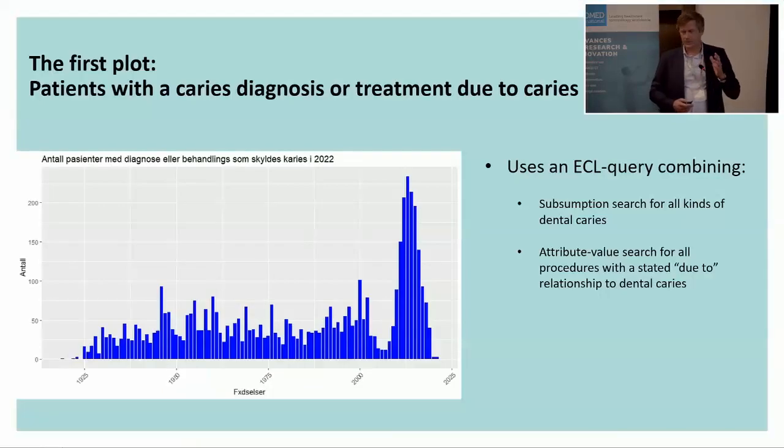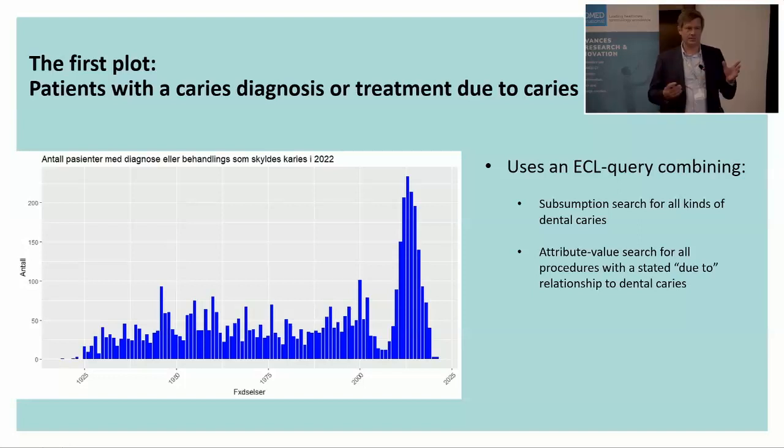So here comes the interesting part. This is our first plot. I don't know if this has any clinical relevance, but it has a lot of technological relevance. We tried to see, can we use both subsumptions and attribute value pair search in a post-coordinated database and find instances?